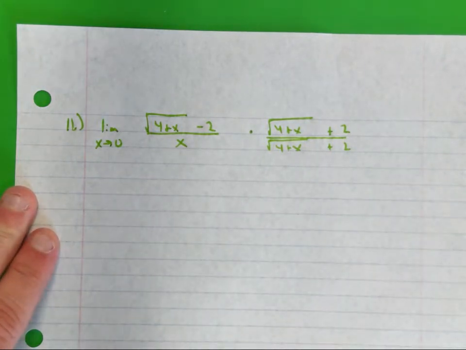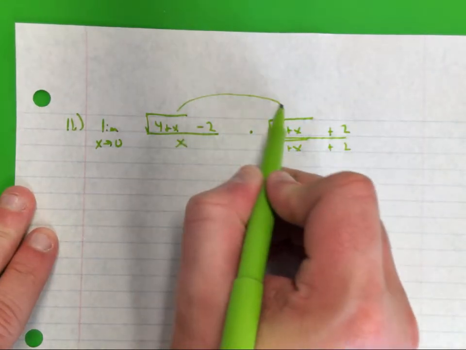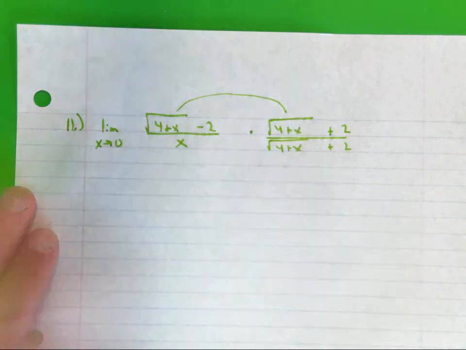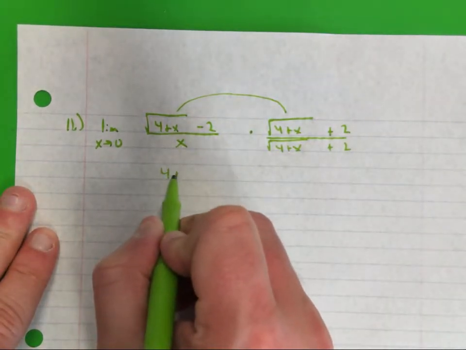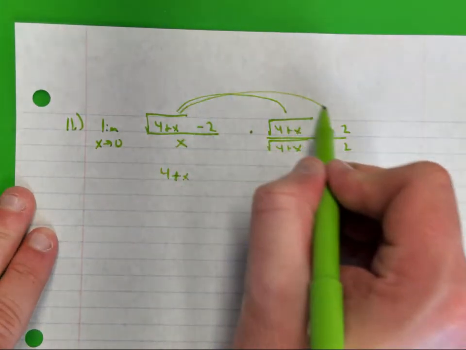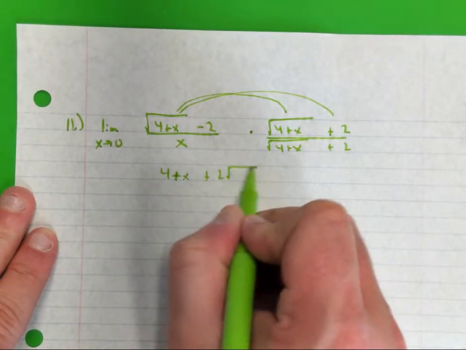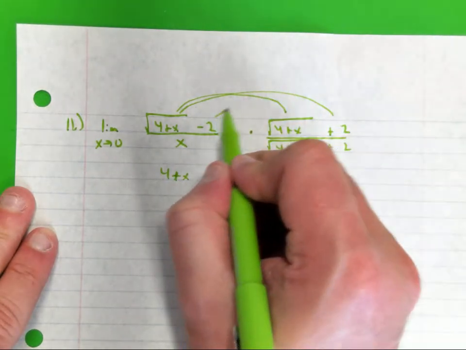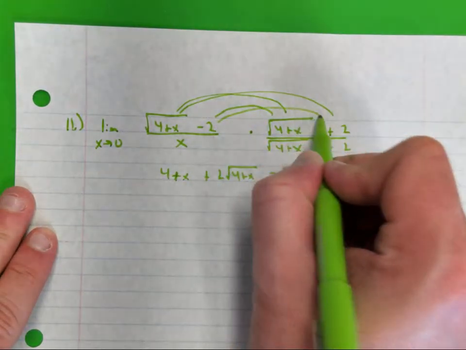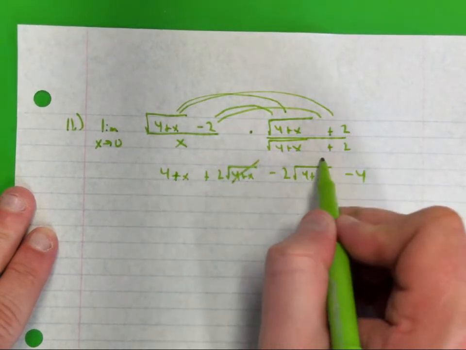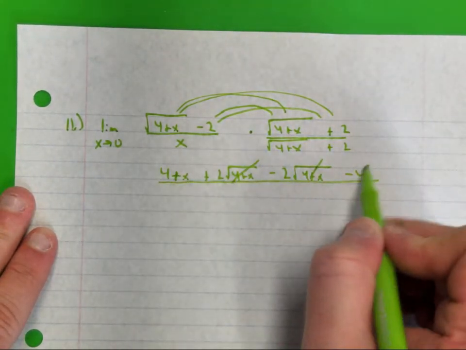We're going to take our time here. First, you've got a 4. This times this does what with that square root? So what's left there? 4 plus x. This times this is plus 2 square root of 4 plus x. These two cancel out, and then this cancels out.